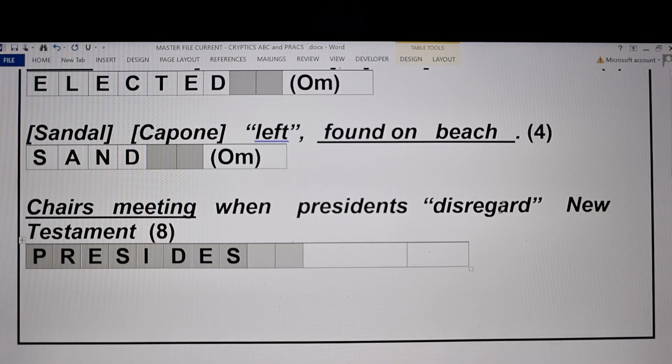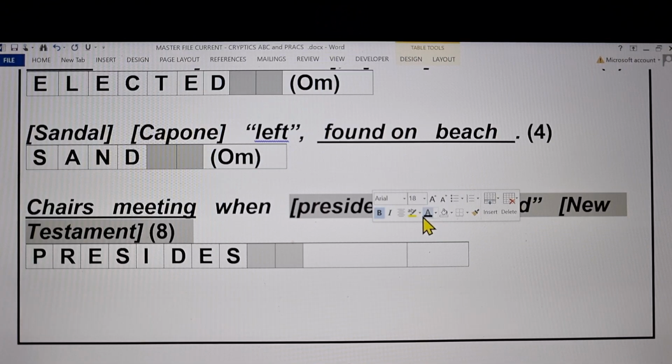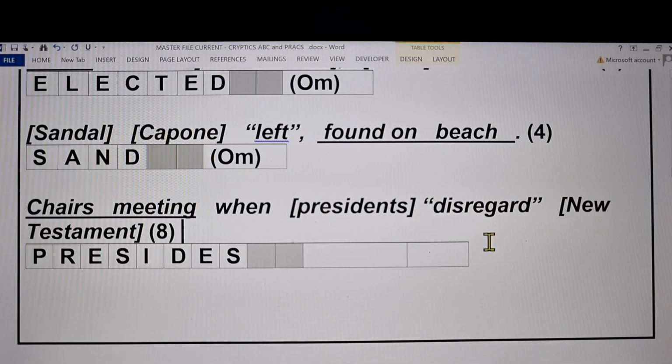Let's prove it. Disregard. So I think there's 2 fodders here. There's President and New Testament. And one's going to be disregarding something from the other. President. Now, there's presides there. Presides. What's disregarded? NT. Where's the NT come from? There it is there, look. There's your NT, which is an abbreviation for New Testament.